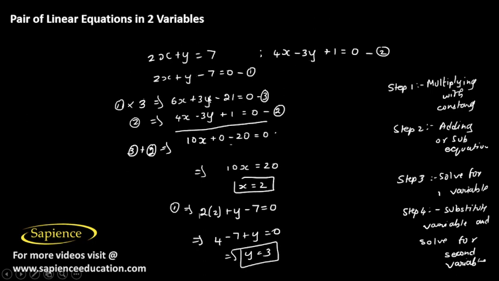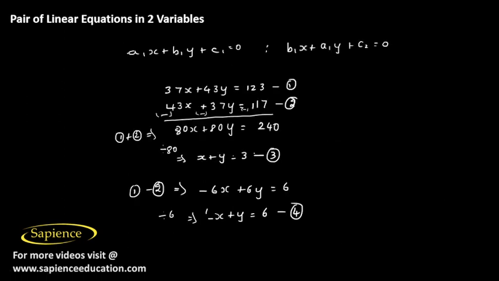So in this case, the coefficient of y is the same in both equations, so that they can be eliminated by adding or subtracting. Once eliminated, we solve for one variable. So we have only one variable here, x, and we solved for x. And the fourth step is substituting the value we found for x in any one of the equations and solving for the second variable.